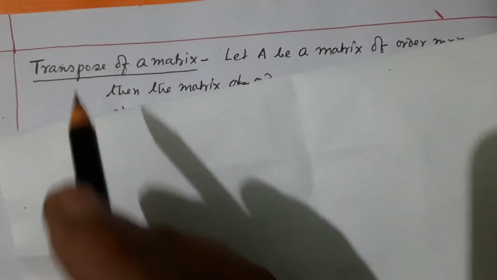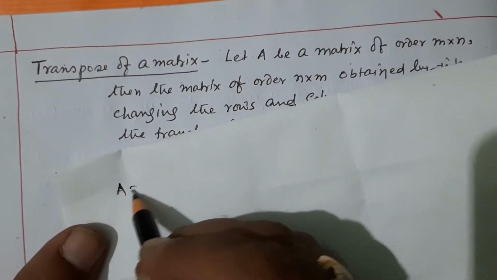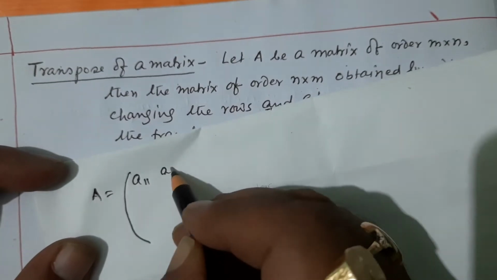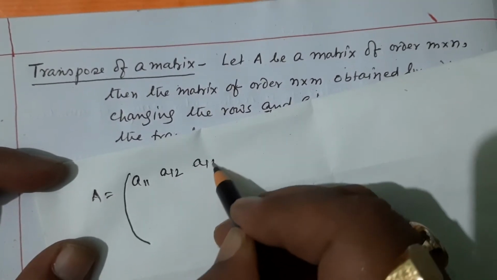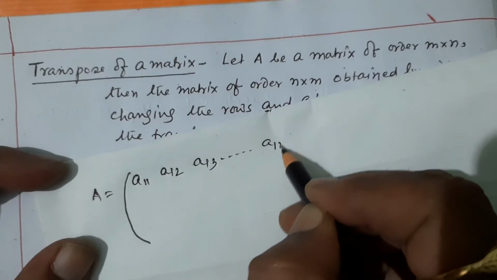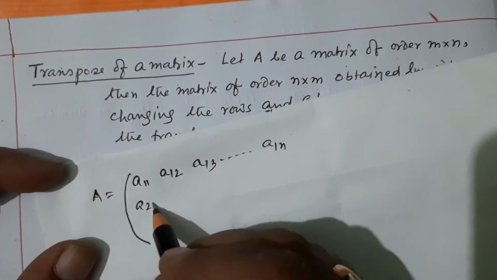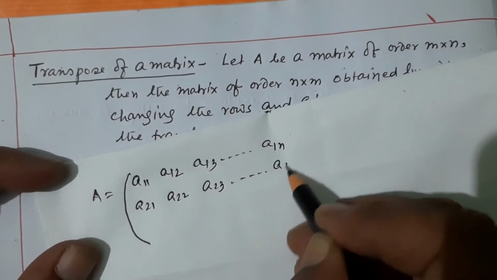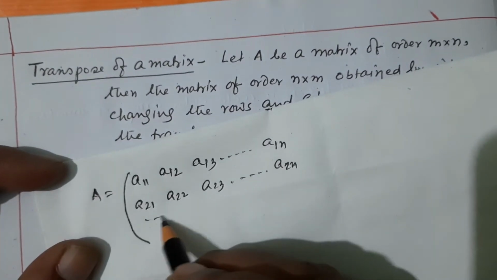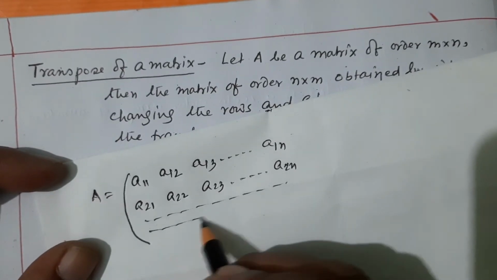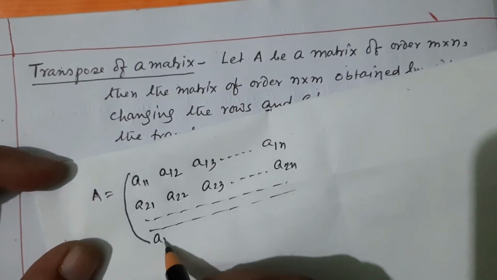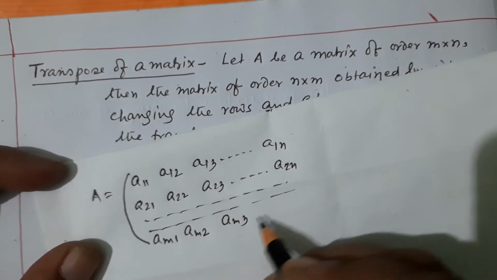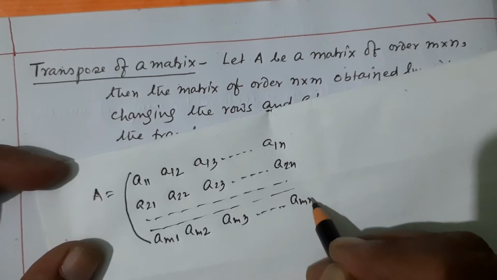Suppose A equals A11, A12, A13, dot dot dot A1n, A21, A22, A23, dot dot dot A2n, and so on, down to AM1, AM2, AM3, dot dot dot AMN.